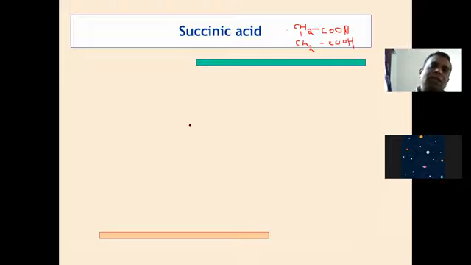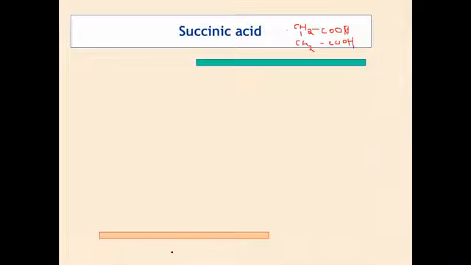Now we want to synthesize succinic acid by using ethyl acetoacetate. Before that you must know the formula or structure of ethyl acetoacetate.